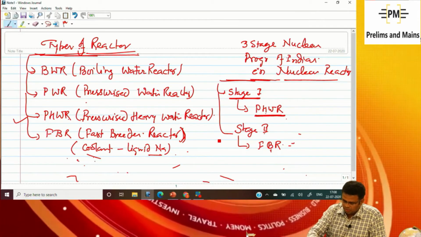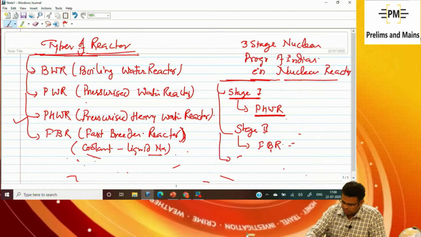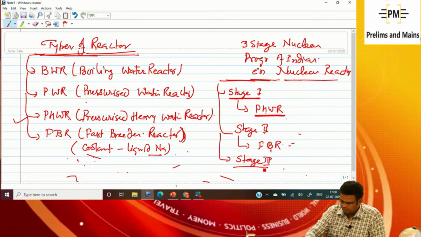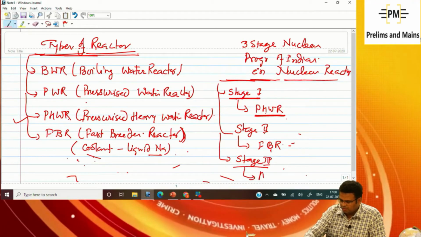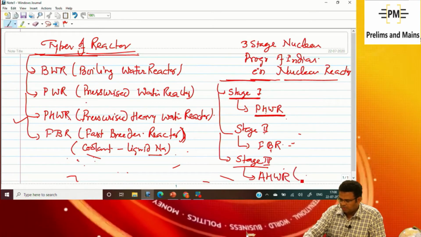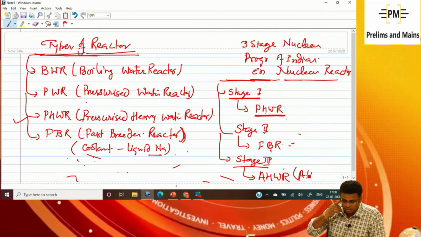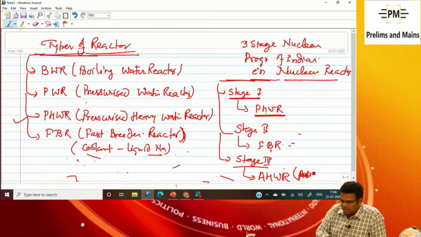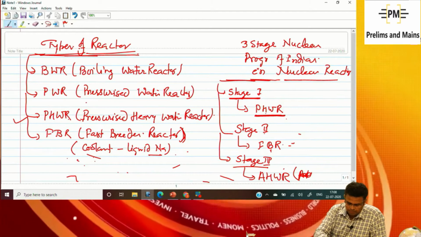Stage 3 is the advanced heavy water reactor, AHWR. So these are the 3 stage program, and these are the types of reactor.